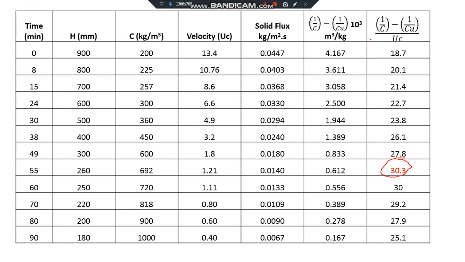The unit of this is meter cube per kg divided by meter per second, so that is the reciprocal of kg per meter square second, which is nothing but the solid handling capacity per unit area. So we are selecting the maximum value from here, meaning the one whose solid handling capacity is minimum, and this value we are substituting in the formula of the thickener.